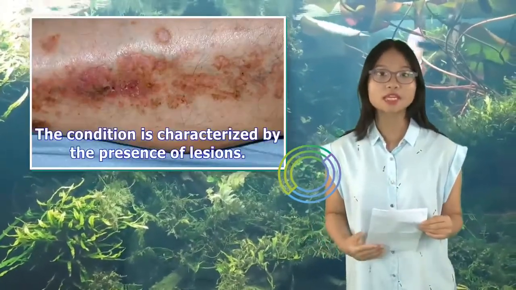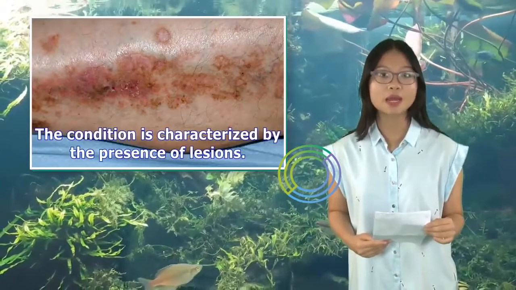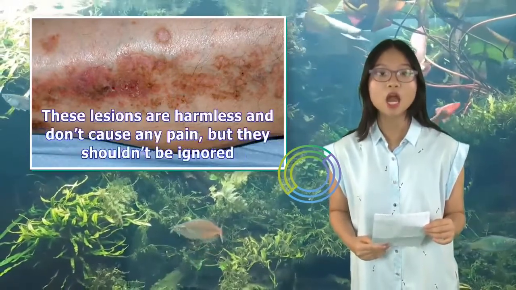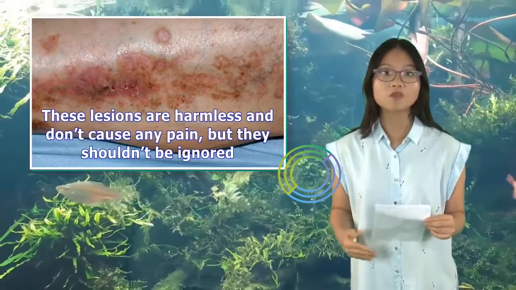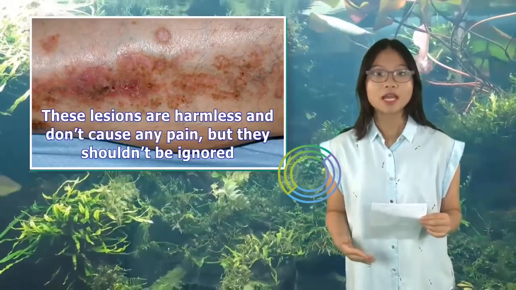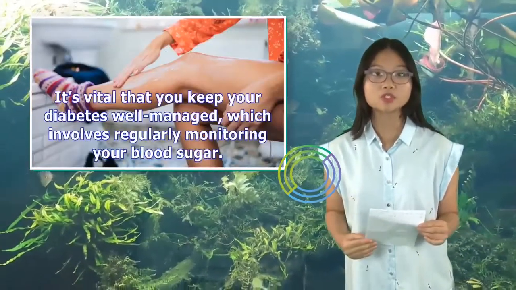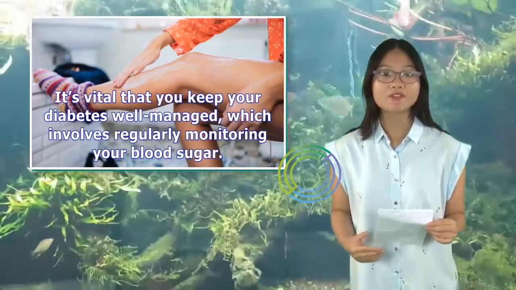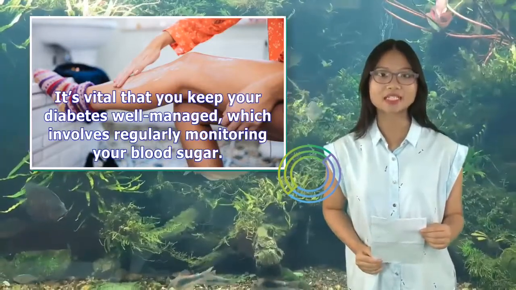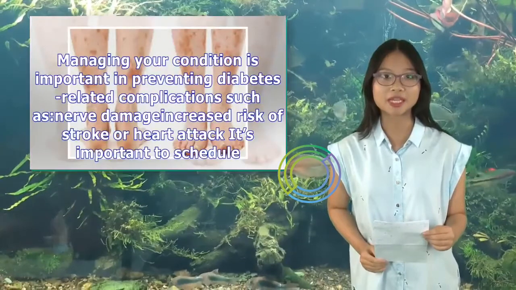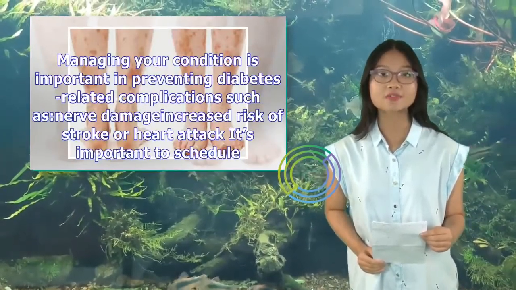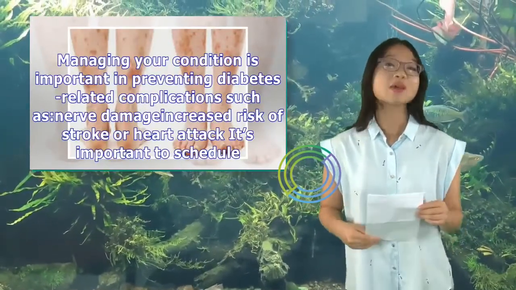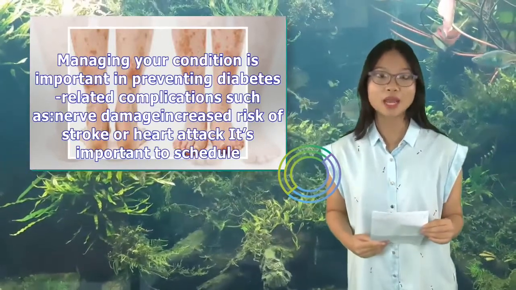The condition is characterized by the presence of lesions. These lesions are harmless and don't cause any pain, but they shouldn't be ignored. It's vital that you keep your diabetes well managed, which involves regularly monitoring your blood sugar. Managing your condition is important in preventing diabetes-related complications such as nerve damage and increased risk of stroke or heart attack.